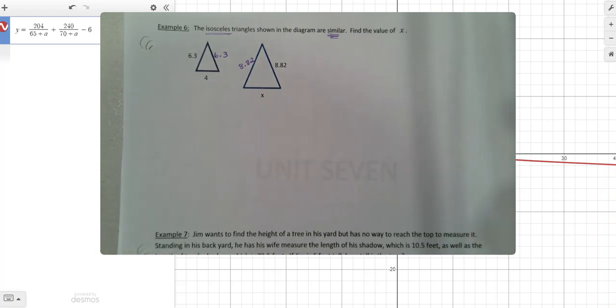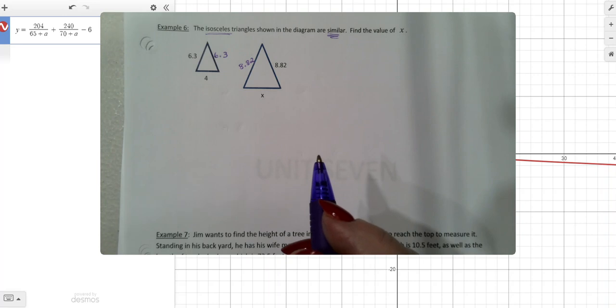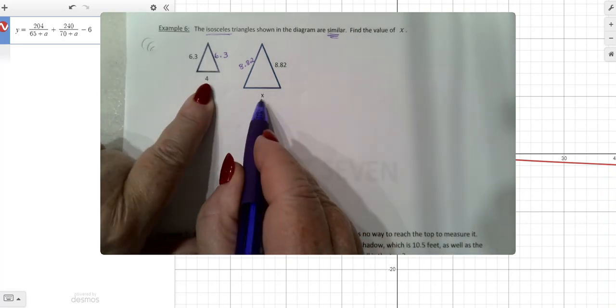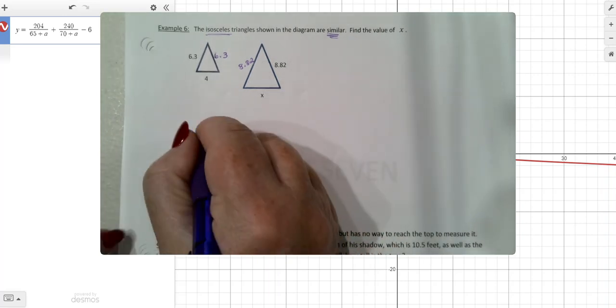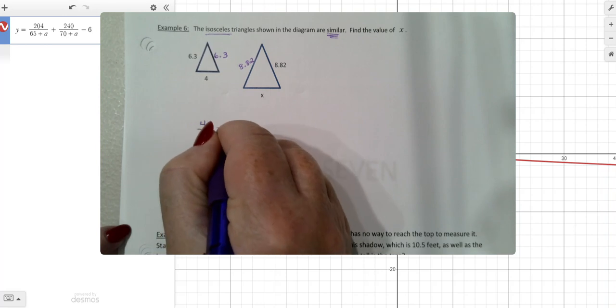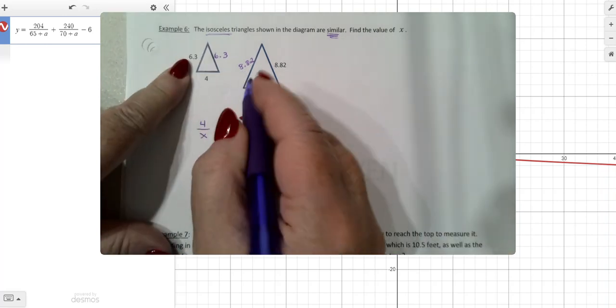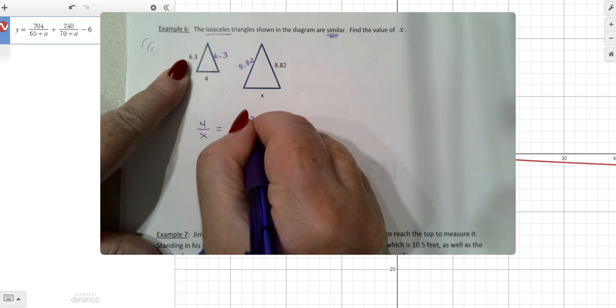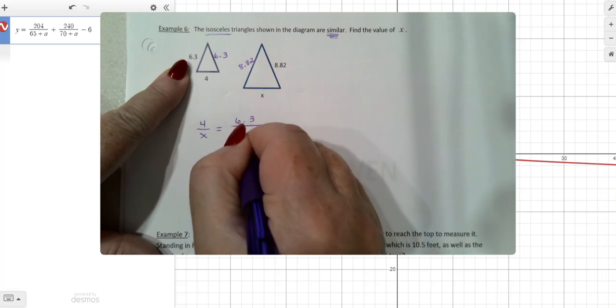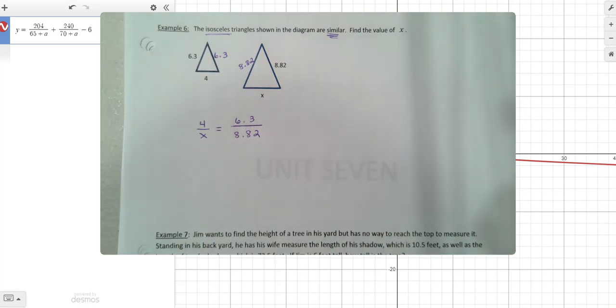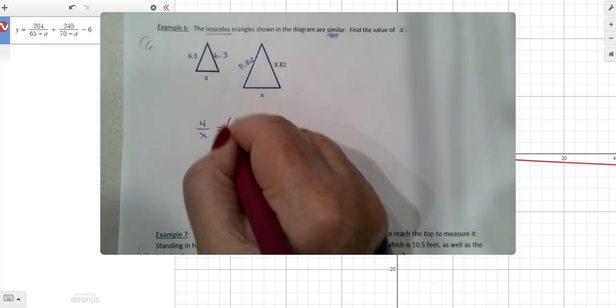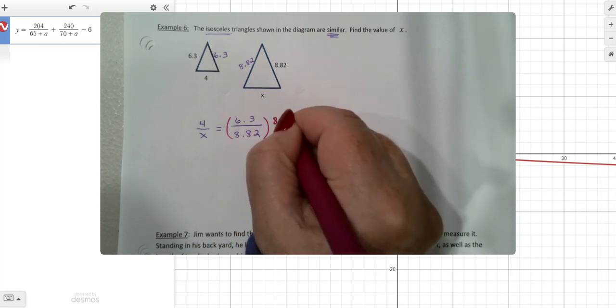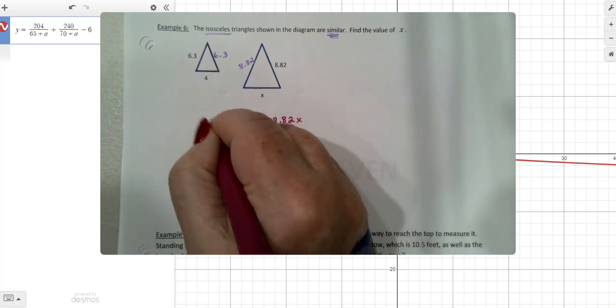All right, let's set up a proportion for our similar triangles. I could say that 4 over x is equal to 6.3 over 8.82. I'm going to clear my fractions by multiplying by the common denominator, 8.82x.